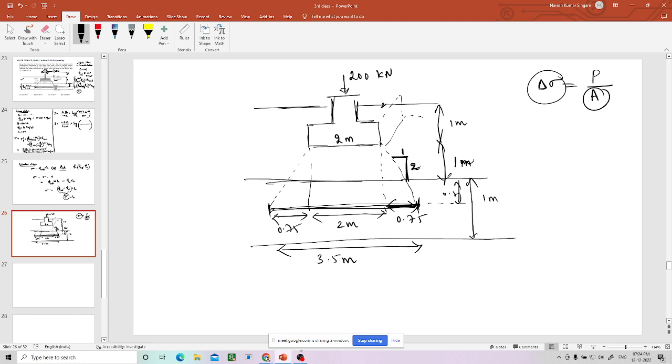So totally this load will be distributed over an area equal to 3.5 meter by 3.5 meter. That is the area on which this 200 is distributed at this point. Now we can calculate delta sigma. P is 200 kilonewton divided by the area over which it is acting, 3.5 squared.